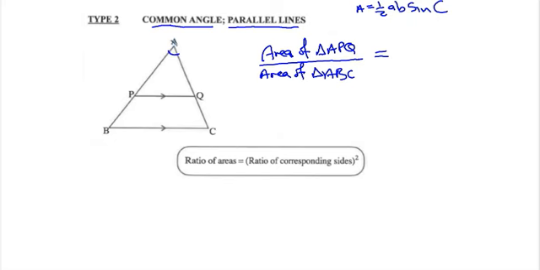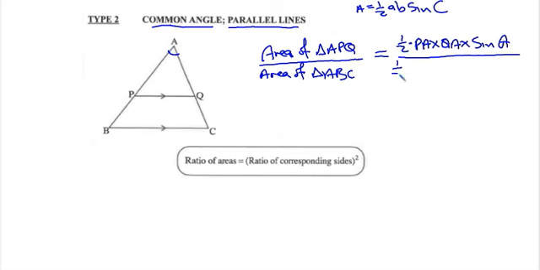So here we have the adjacent sides PA and AQ and the angle between those as sine A. So this is going to be half PA multiplied by QA multiplied by sine A. That is the area of triangle APQ over area of triangle ABC. That is the bigger one.